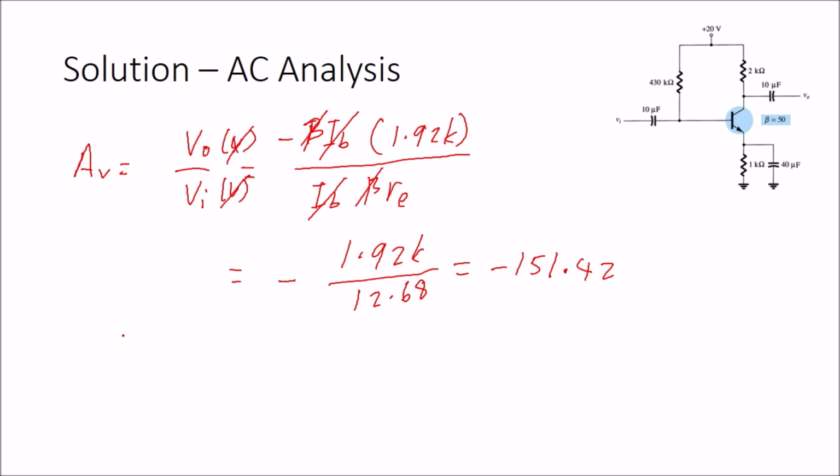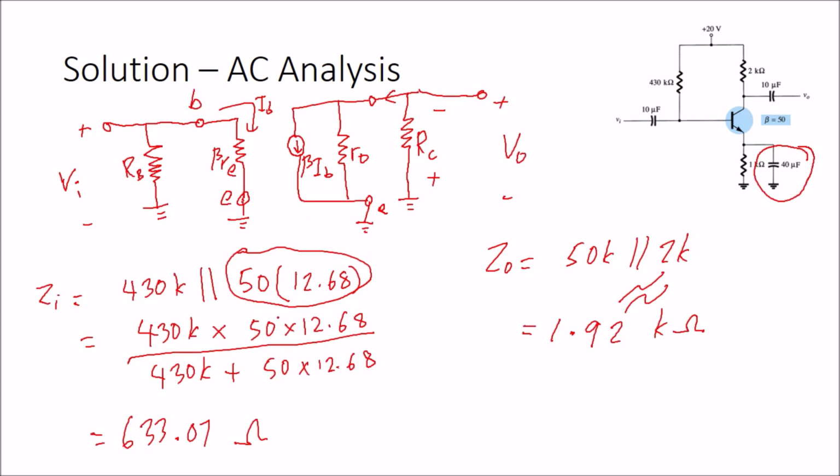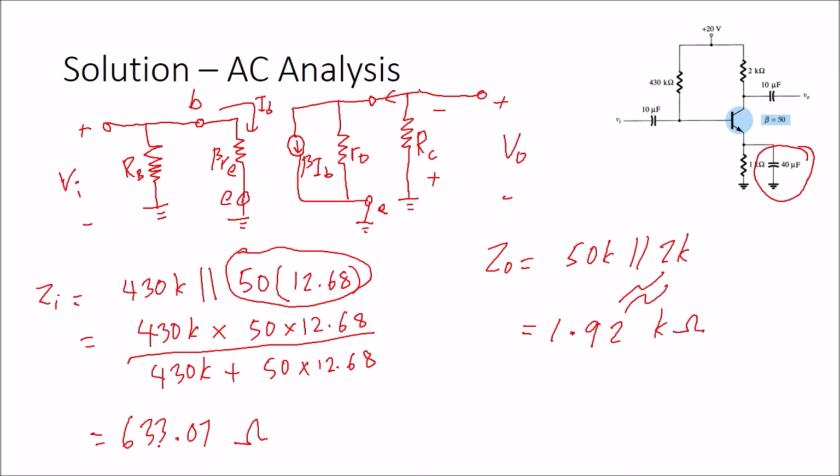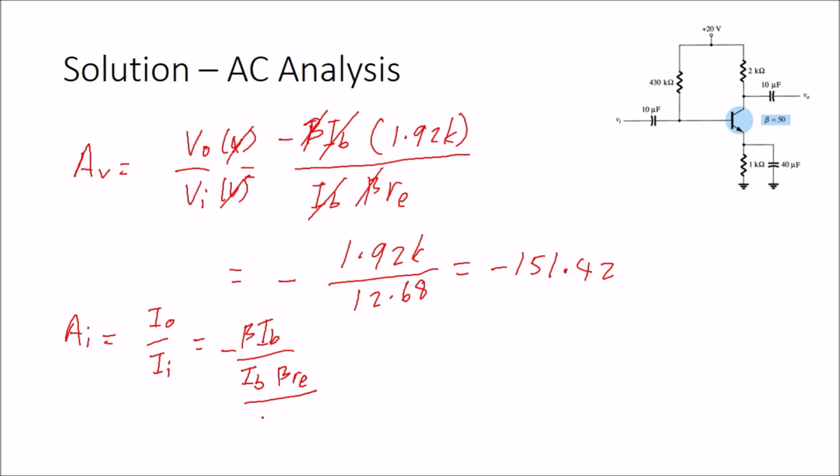And then for the AI, the current gain, I naught over I in, the value of I naught we can get from here: I naught is equal to minus beta IB. For I in, the V in, just now we got the value of IB beta RE. This is the V in, so we need to divide by the value of Z in, which we just got as 633.07.